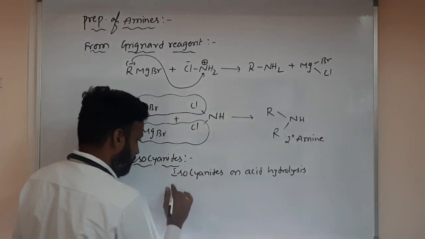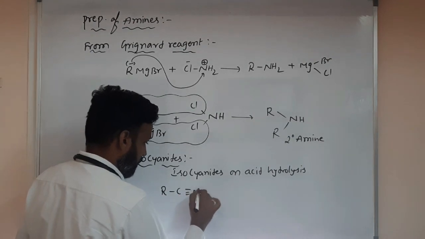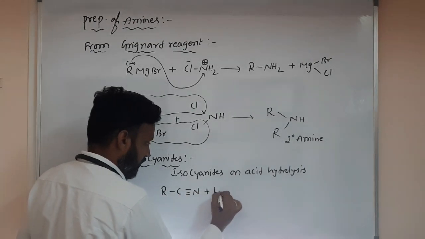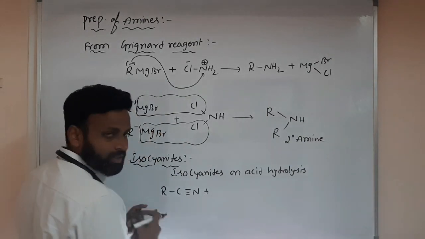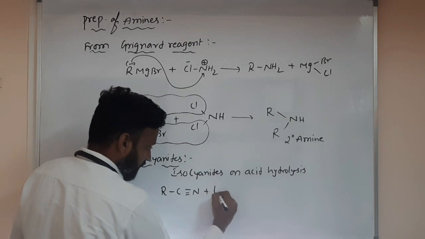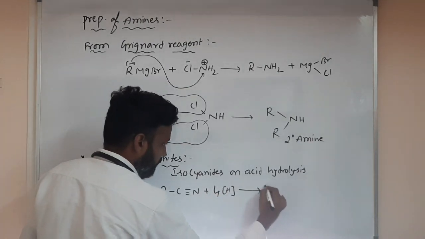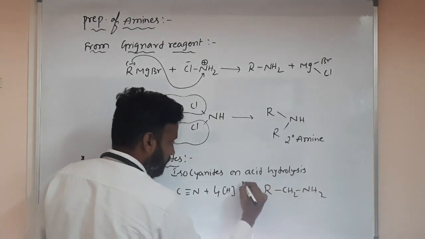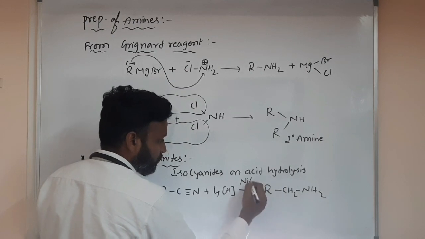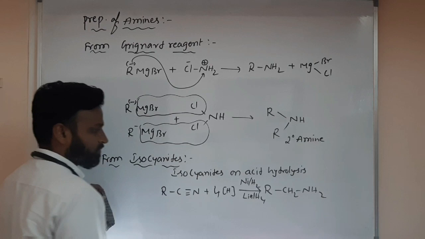I told you, you remember or not? RC triple bond N on reduction by LiAlH4, with 4 moles of nascent hydrogen, gives RCH2NH2, when using Ni/H2 or LiAlH4.